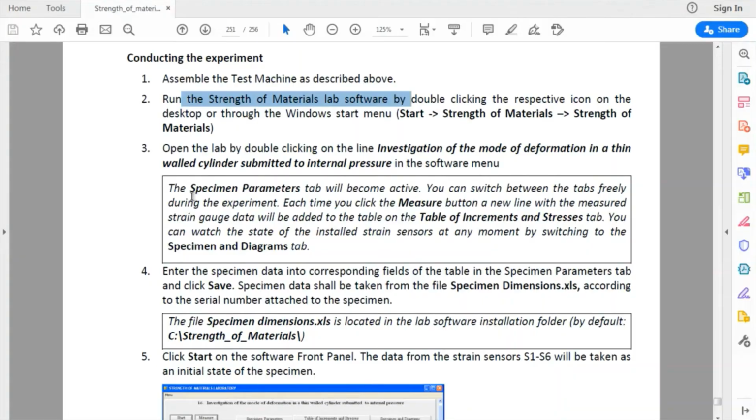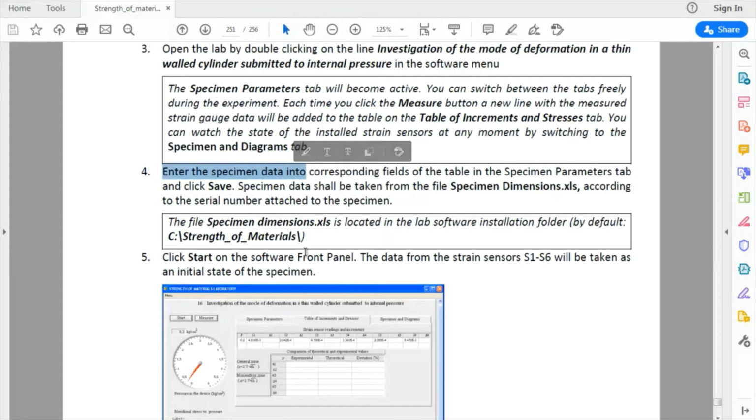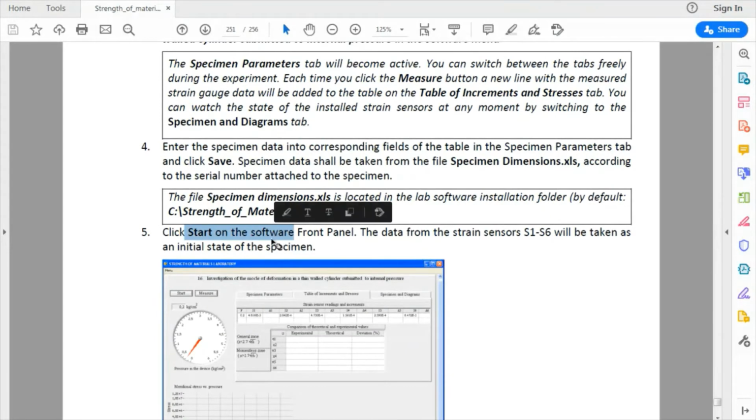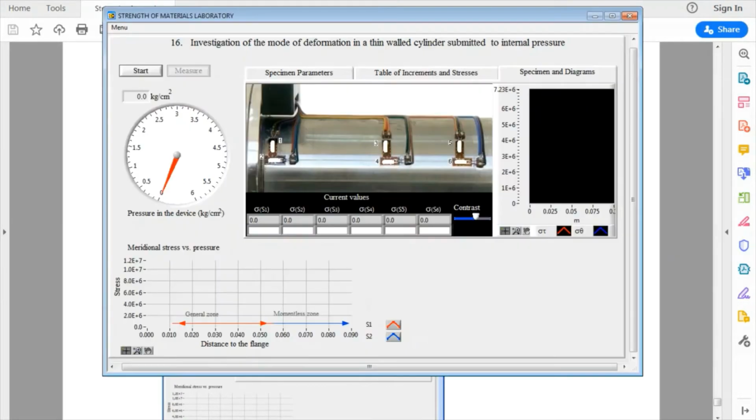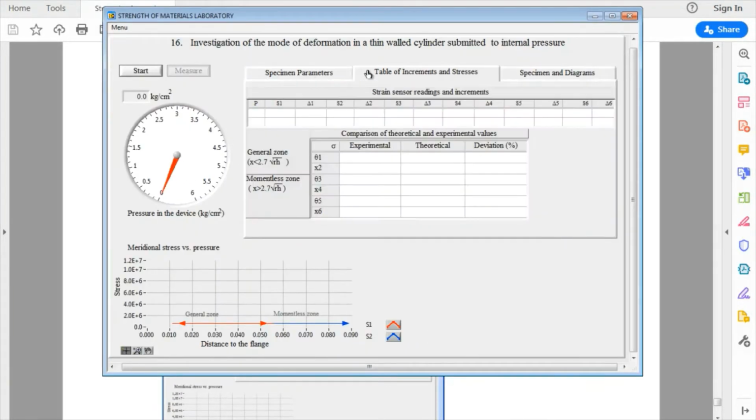So if I go back to the manual, so run, we did that, open the lab, it's already given, enter the specimen data, we didn't change anything. So click start. We should click start on the software so that we measure the initial pressure. So start, you will see that the initial pressure is almost 0, which is 0.2.